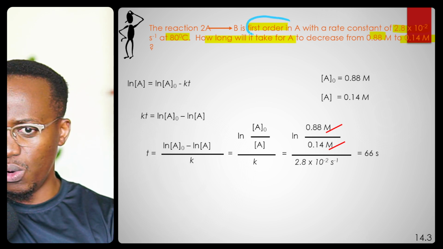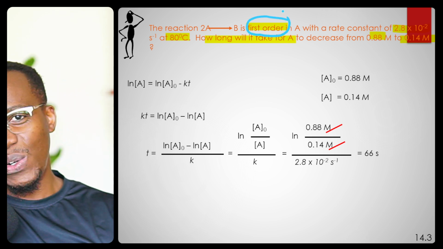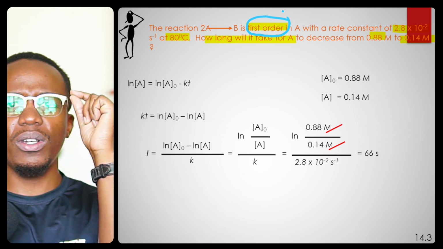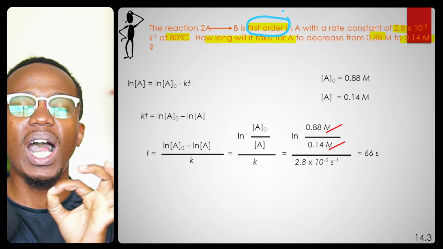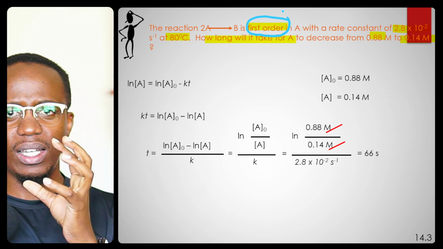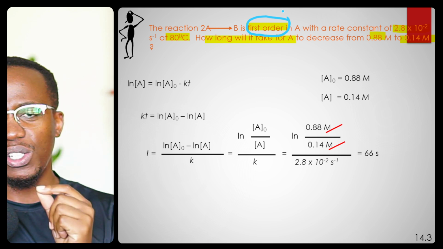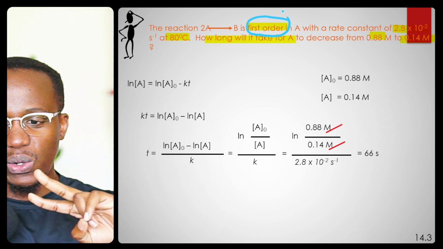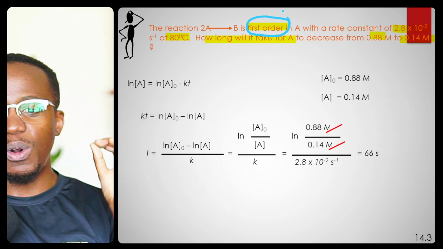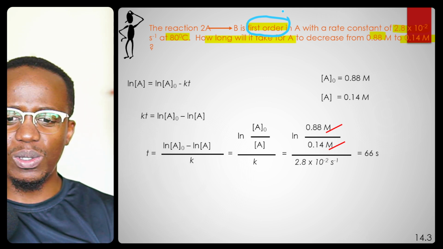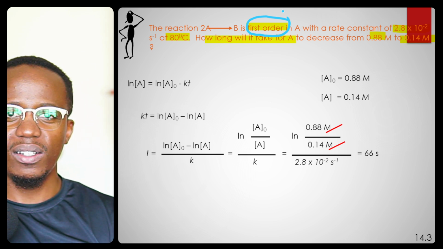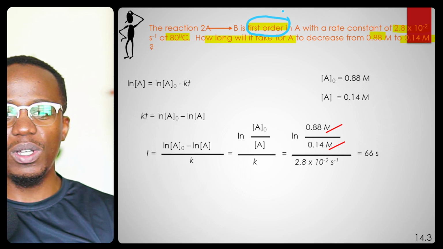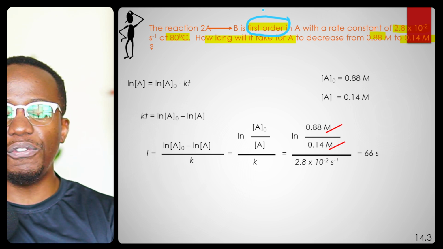It's a first order. For this chapter, before you calculate any of these reactions, you've got to ask yourself, is this a first order reaction, second order reaction? And from there, you should be able to tell me what formula do I use, because the formula will be different.